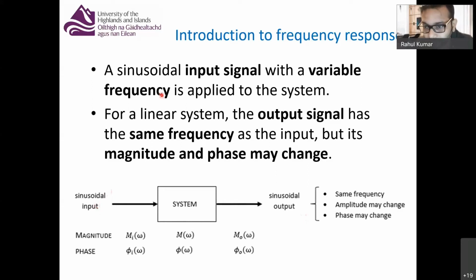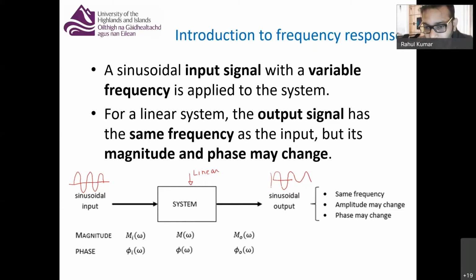If we consider this system to be a linear system and we apply a sinusoidal input, or a sine wave, then the output will also be sinusoidal.